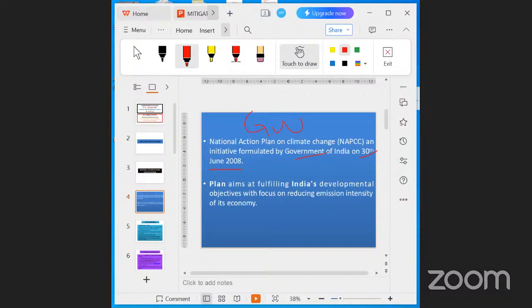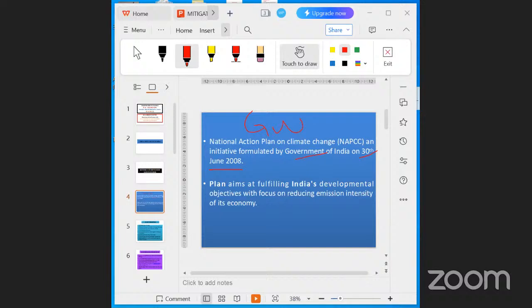So it pulls together a number of strategies into these 8 missions, which helps in a comprehensive approach towards climate change and global warming.